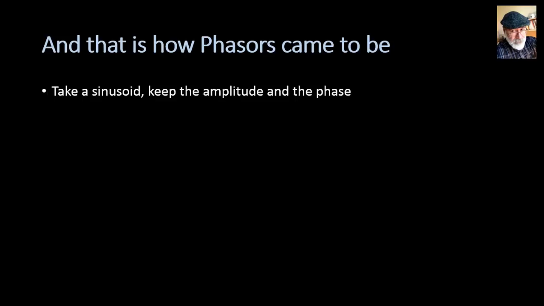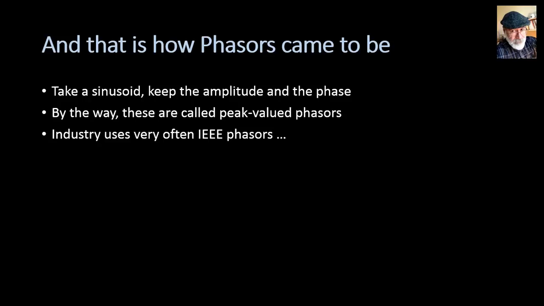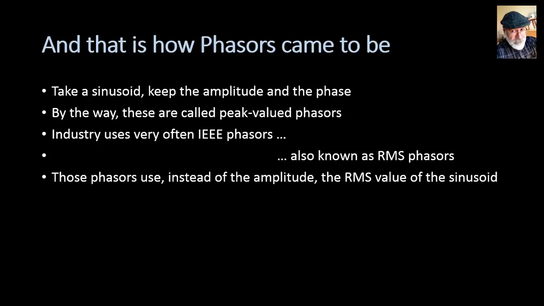You take a sinusoid, you keep the amplitude and the phase. By the way, these are really called peak-valued phasors. Industry uses very often another type of phasor, IEEE phasors, also known as RMS phasors. Those phasors use, instead of the amplitude, the RMS value of the sinusoid.